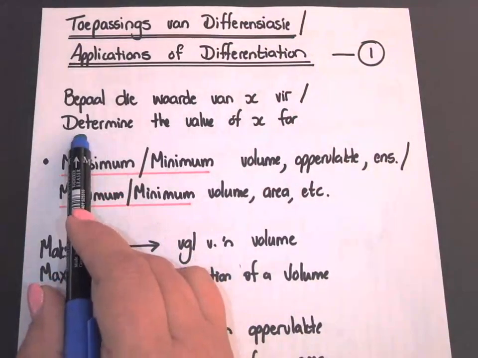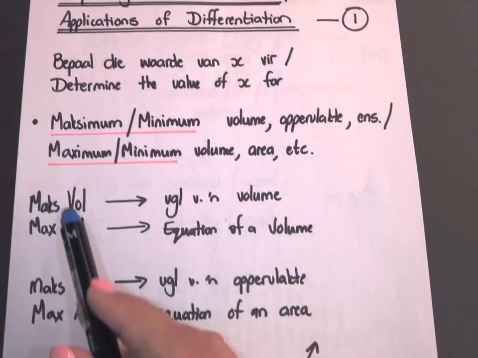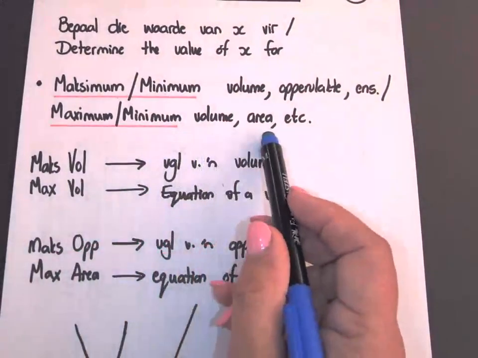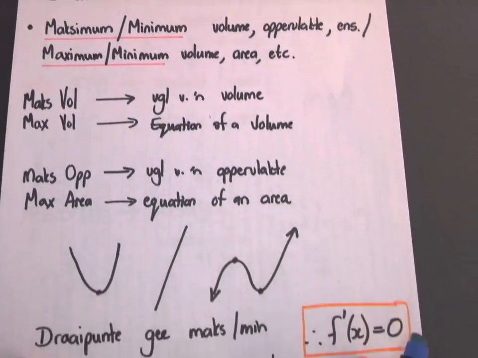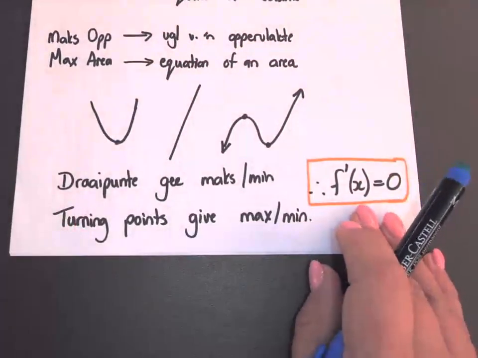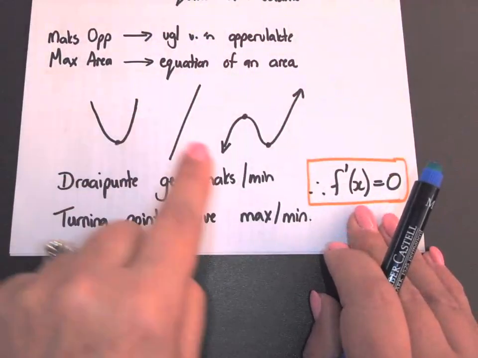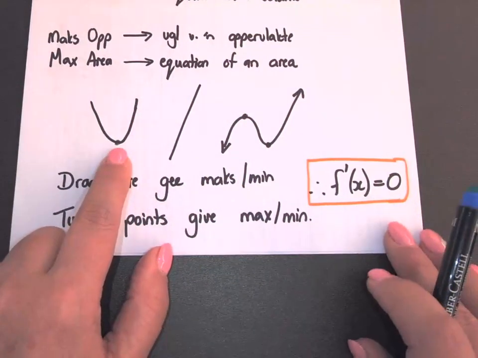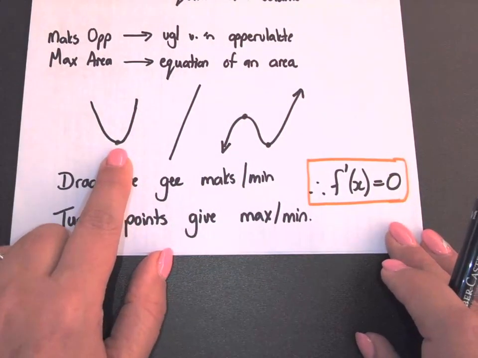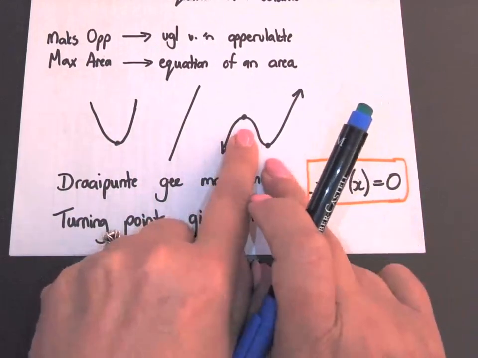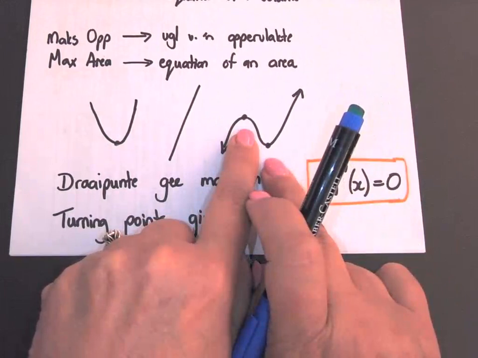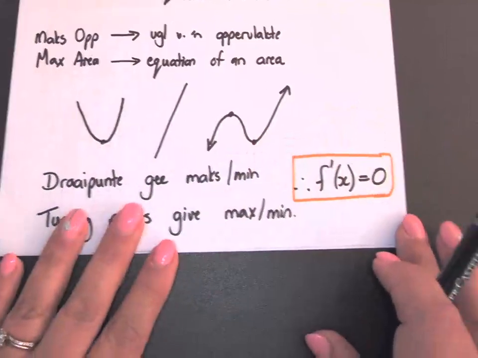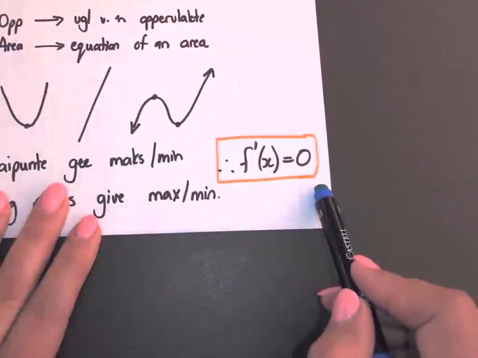They will ask you, determine the value of x for the maximum or minimum volume or the maximum or minimum area, etc. Then you must remember that maximum and minimum you will find in the parabola and the cubic function, because the parabola has a maximum or a minimum at the turning point, and here we have local maximums and local minimums. And how do we get to those maxes or mins? We take the first derivative and set it to 0.